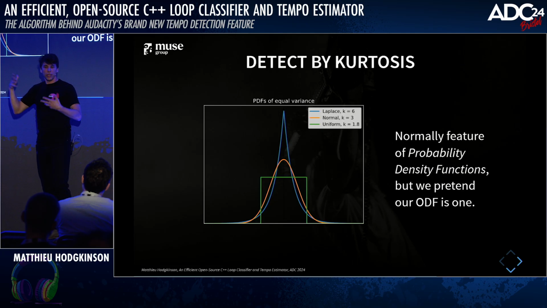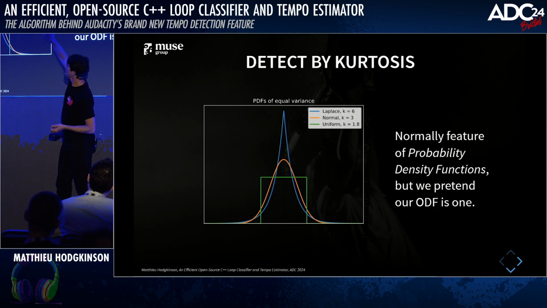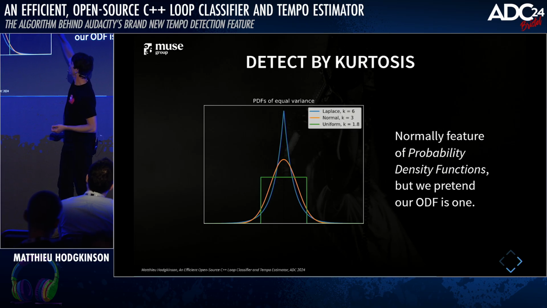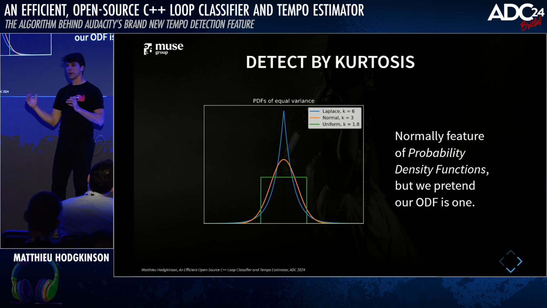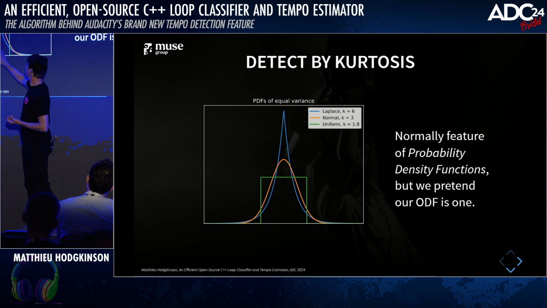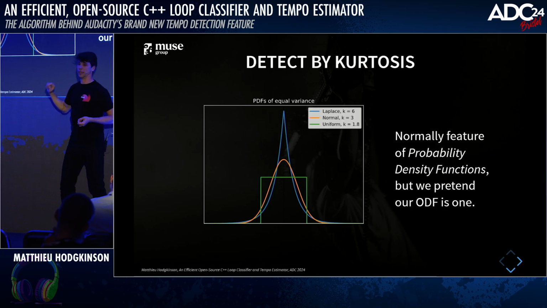To give you an intuition of what the kurtosis denotes, I have taken here 3 very famous probability density functions, the Laplace, the normal, and the uniform one. I've parameterized them so that they have the same variance, so they deviate as much from the center, one as the other, yet they have a different shape. And you see that the more peaky, the higher the kurtosis.